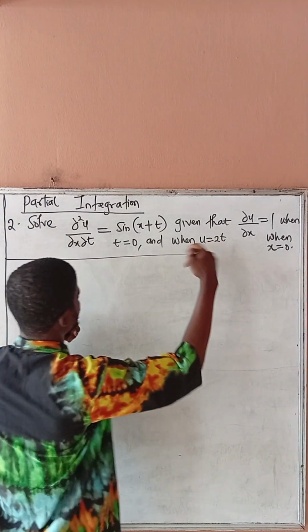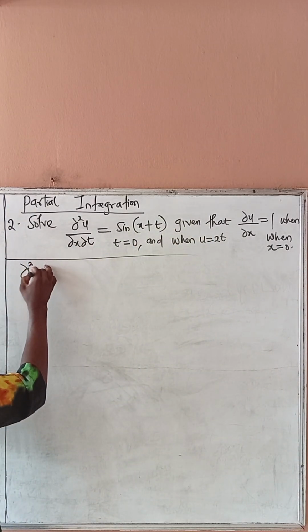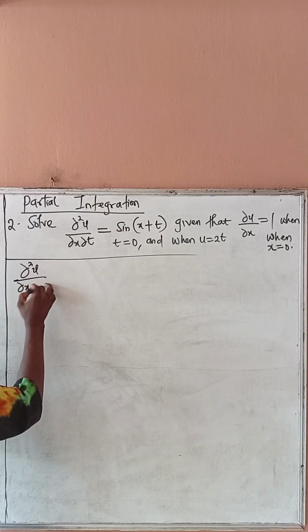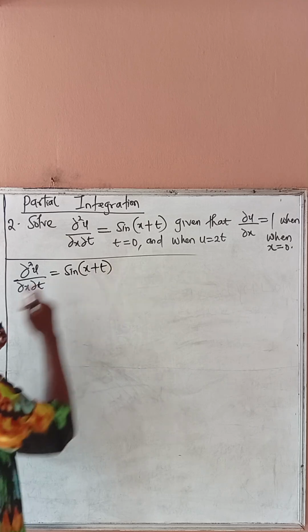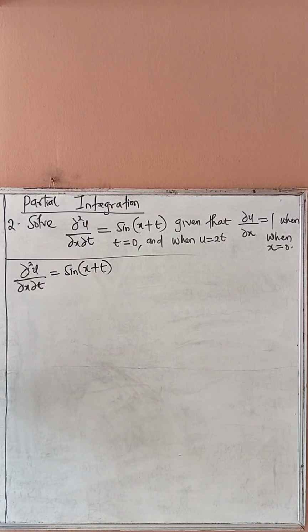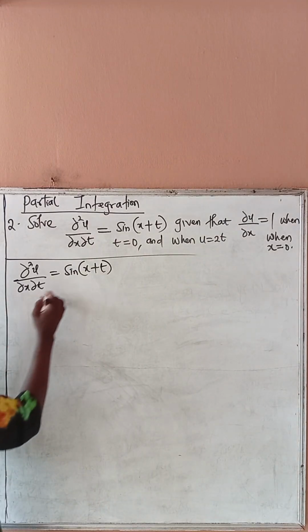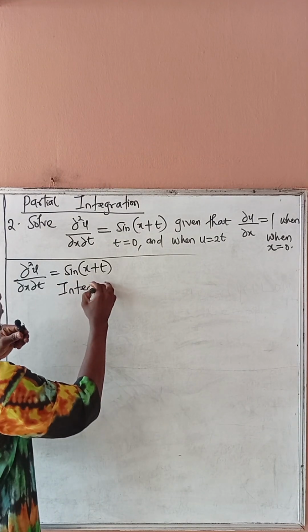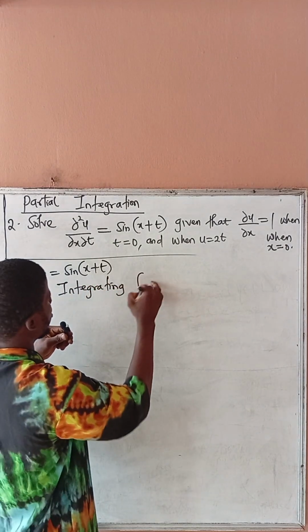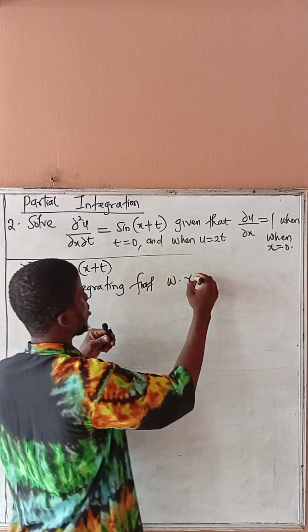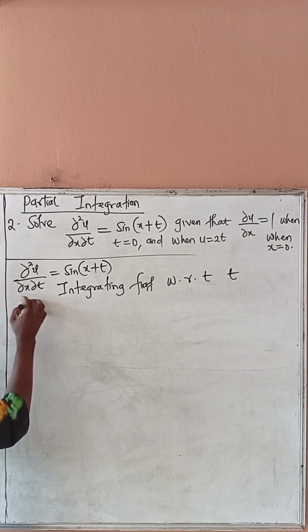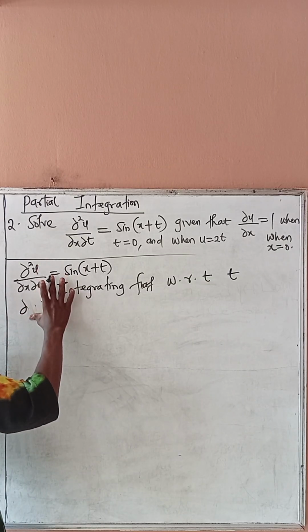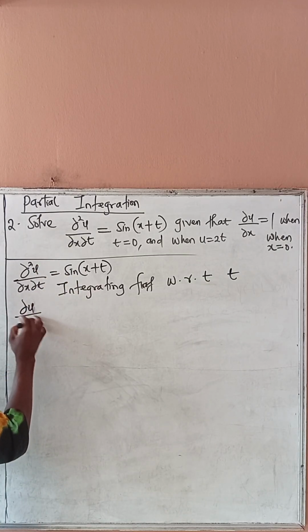Given the boundary conditions as it is written, we have partial square u partial x partial t equals sine x plus t. Remember, let's integrate the first one with respect to t. So integrating first with respect to t, I'll be having partial u partial x.